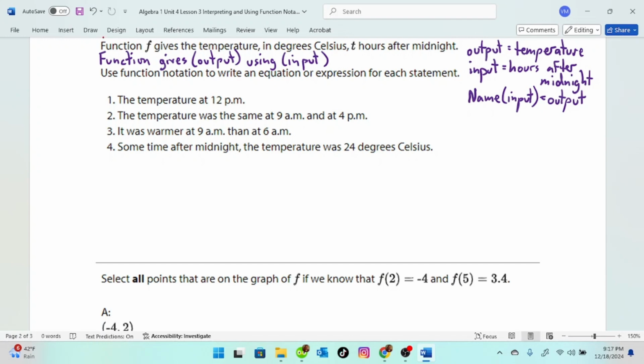They're not telling me what it is, so all I can do is have the name and the hours after midnight. So for number 1, the name is lowercase f, and 12 p.m. is going to be 12 hours after midnight. It's noon. So f of 12. This represents the temperature at 12 p.m. when we don't know the actual temperature.